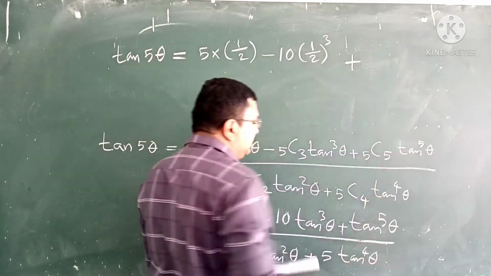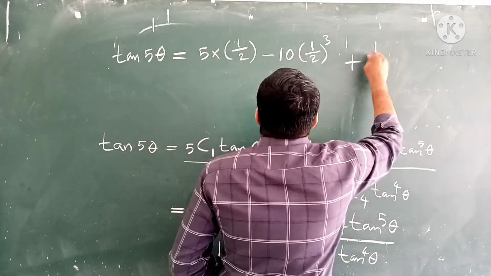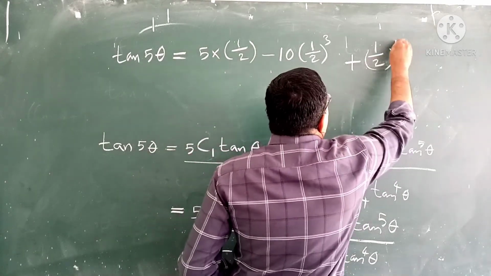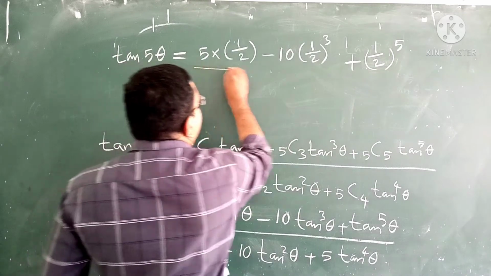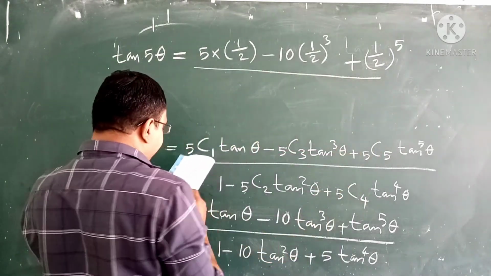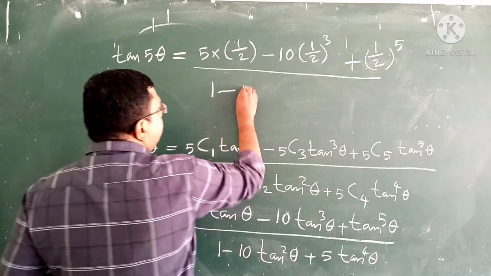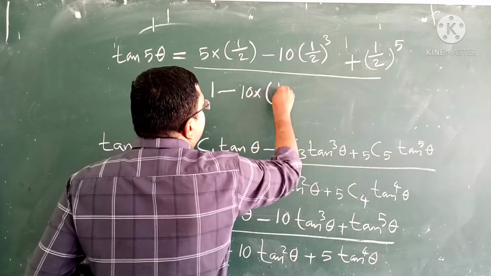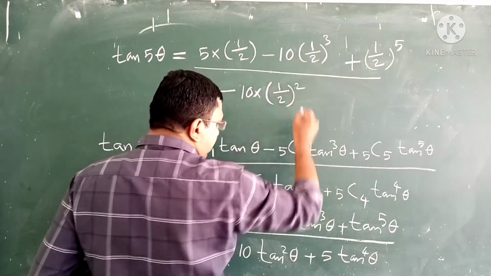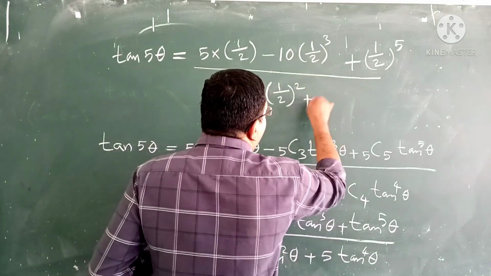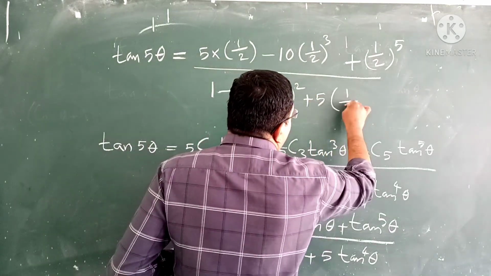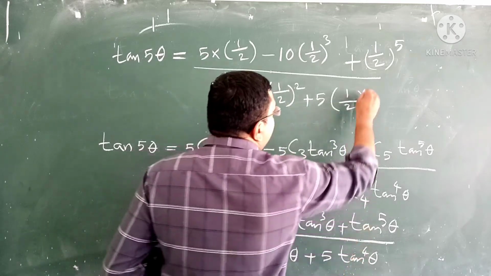That is, 1 by 2 raised to 5. The whole divided by 1 minus here 10 into tan square theta, 10 into 1 by 2 square plus 5 into 1 by 2 raised to 4.